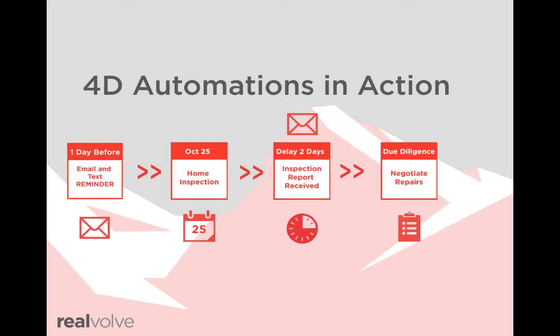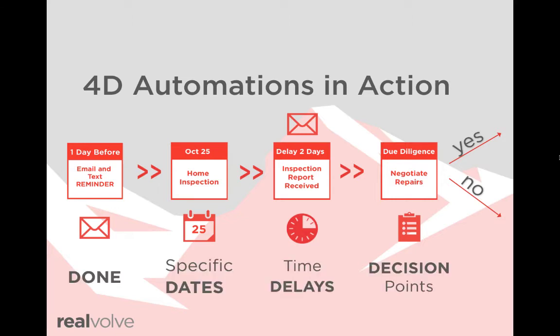And then the due diligence. What is it that I need to do based off of the repair request that I got back from them? Is there something that needs to happen? In this case, you could have, are there repairs? Yes or no? You could have other options based off of that particular activity's function. And it may be more than 2 options. It could be multiple options, and you can have as many different options as you need as far as direction.